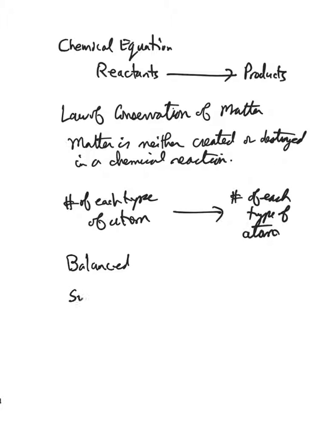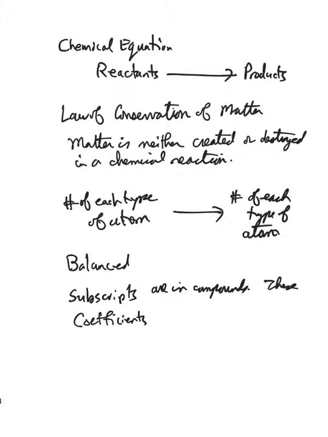So there are going to be subscripts and coefficients. The subscripts are in compounds. And these we cannot change in order to balance the reaction. The coefficients you can change.